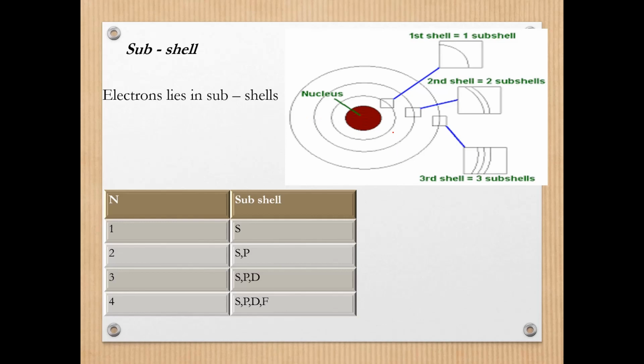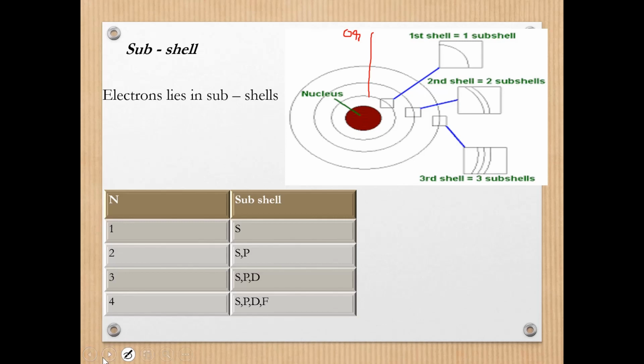Here it is the nucleus, and these are the orbits, and in the orbit we have subshells. For n equal to 1 we have the s subshell, and for n equal to 2 we have s and p subshells. For n equal to n we have n subshells.